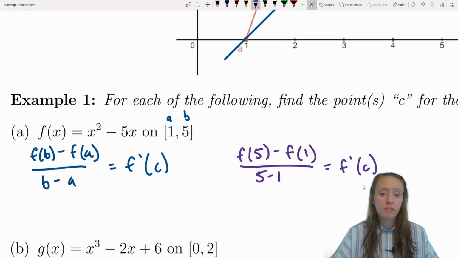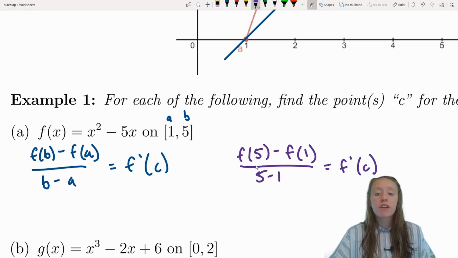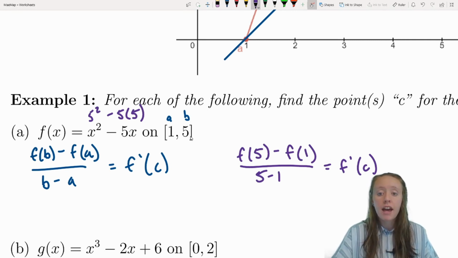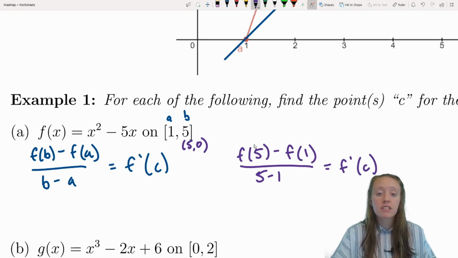C is what I'm solving for. So f of 5, if I was to plug 5 in for x, I would get 5 squared minus 5 times 5. 5 squared is 25, minus 5 times 5 is 25. So when I'm at x of 5, I'm at a y value of 0. So this point is 5, 0. So f of 5 is 0. I'll go ahead and fill that in.